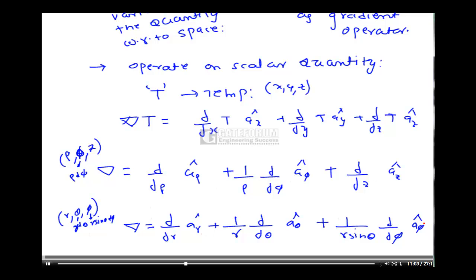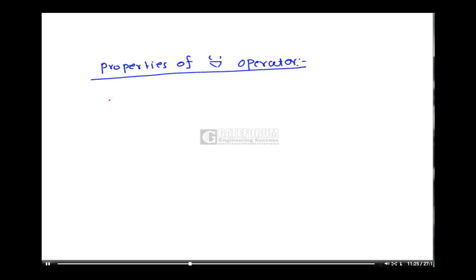So this is a gradient operator or del operator. Here I am giving some properties of the del operator.